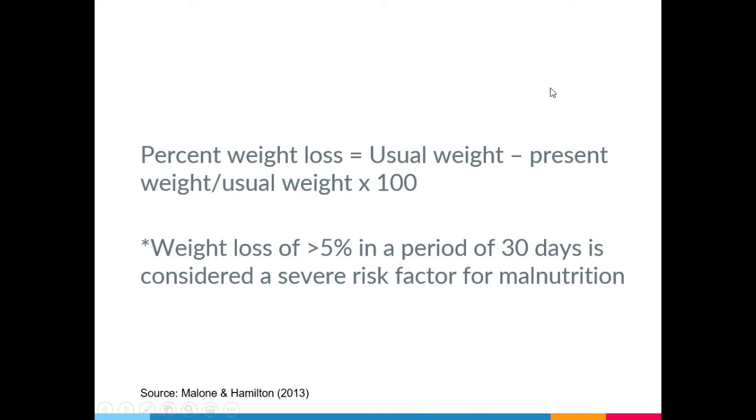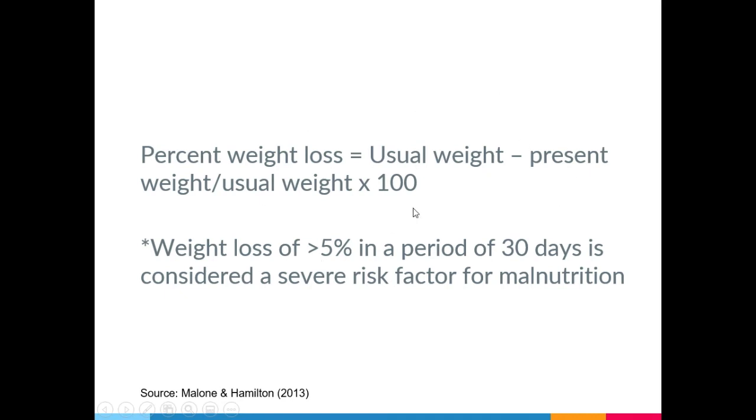Okay. So how do we do the computation for percent weight loss? We have usual weight minus present weight divided by usual weight times 100. Okay. So weight loss of 5% in a period of 30 days is considered a severe risk factor for malnutrition. Okay. So try to practice this formula.